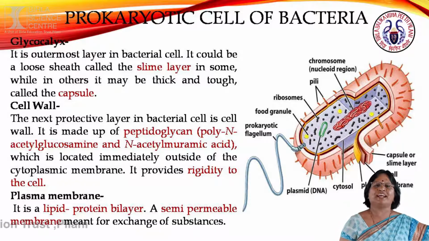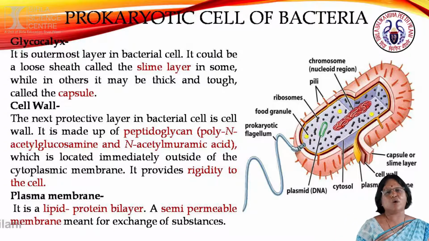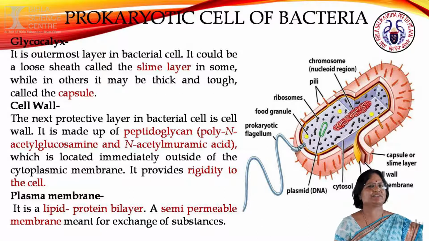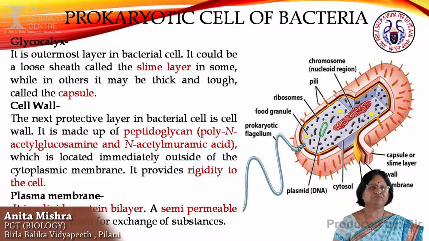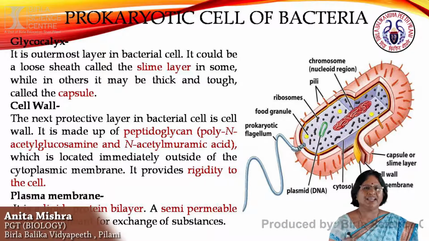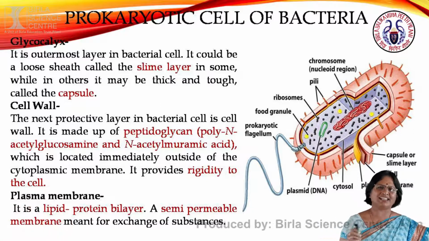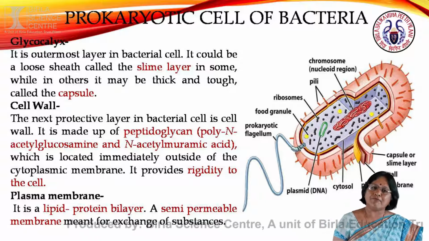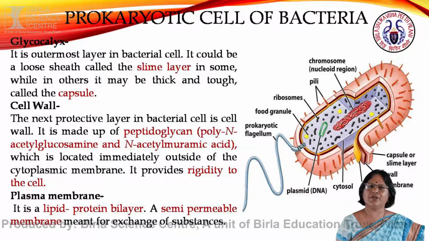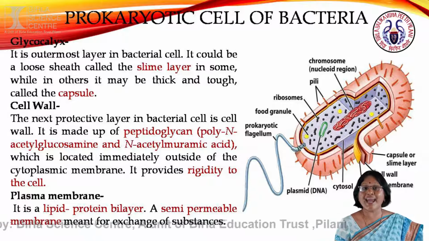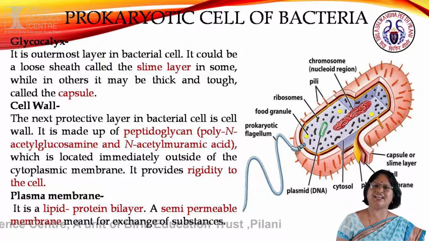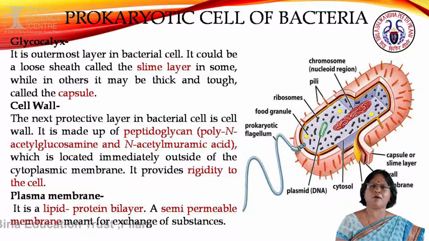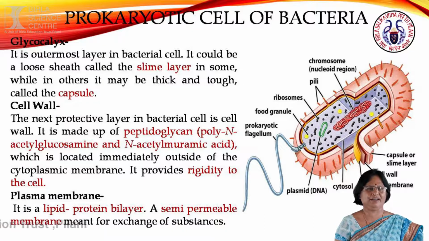The next protective layer around a bacterial cell, or the next cell envelope of a bacterial cell, is cell wall, which is found even in the plant cells also. But here the cell wall is not made up of cellulose as it is in the plant cells. Here it is made up of a very different type of chemical known as peptidoglycan. The name itself is telling it has got protein component as well as sugar component. Peptido means protein component, glycan means sugar component in it.